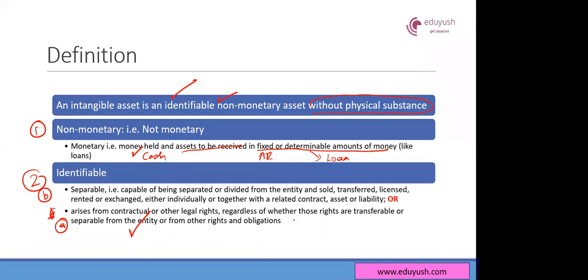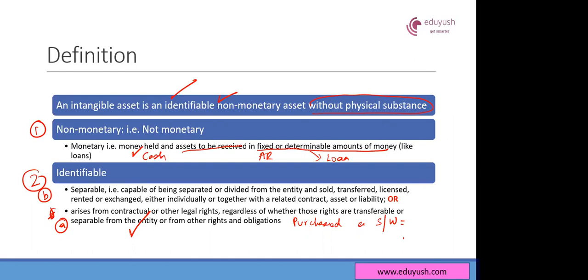For example, if you purchased a software, to purchase a software you have an invoice. So it is coming from a legal right because you purchased it. So that software is an identifiable intangible asset.